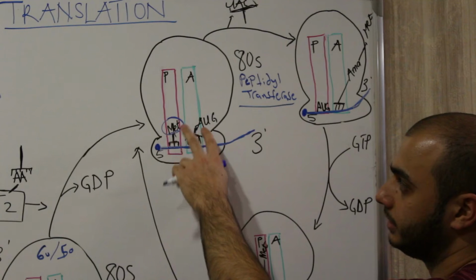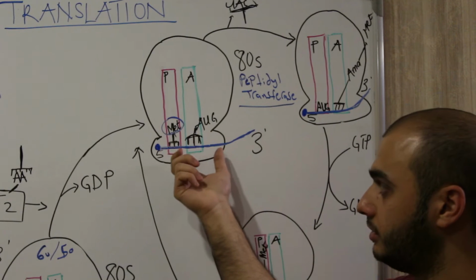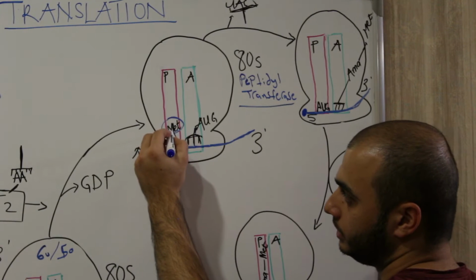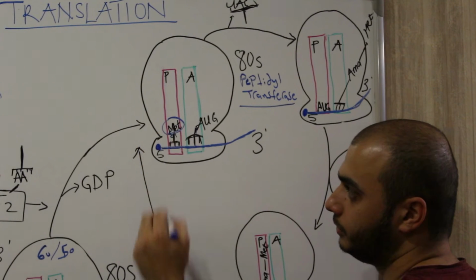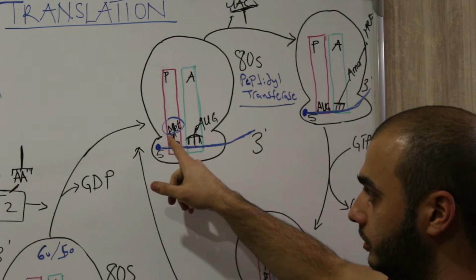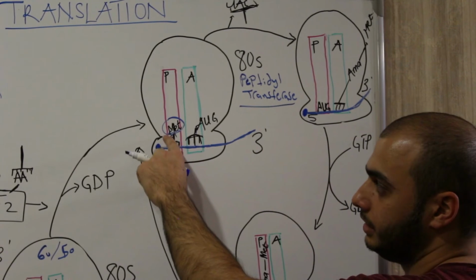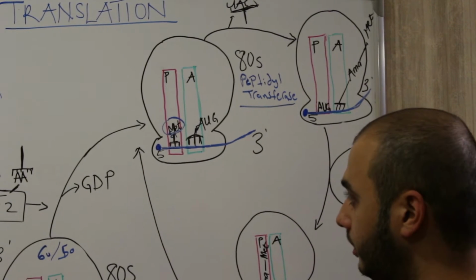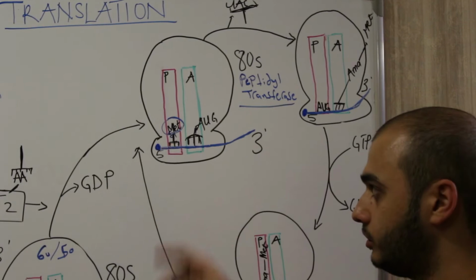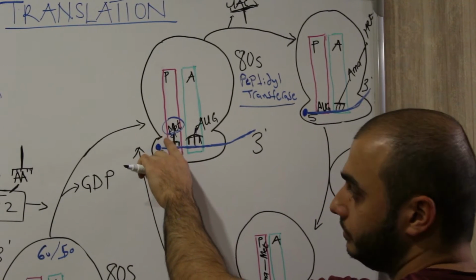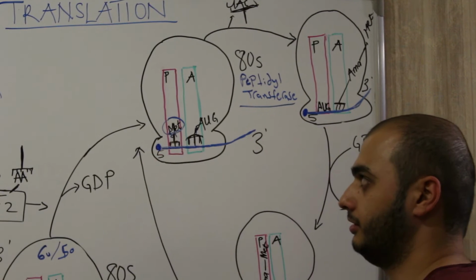There will be no utilization of new energy here, because there is already a high energy bond preserved between the tRNA and the amino acid.